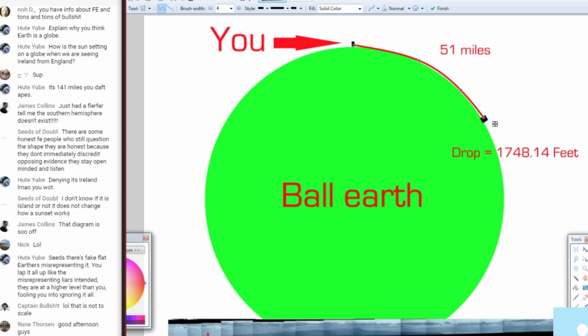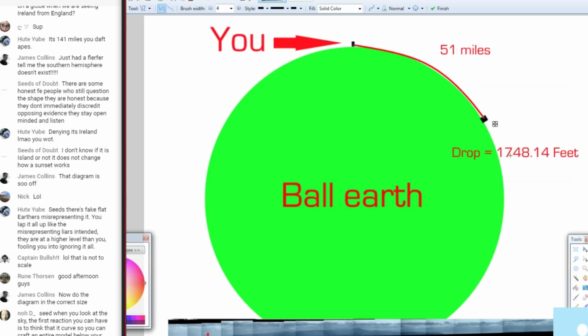Now then, we also know we're seeing the island in the background, and we can change that from 1,748 feet of drop to 2.5 miles of drop.